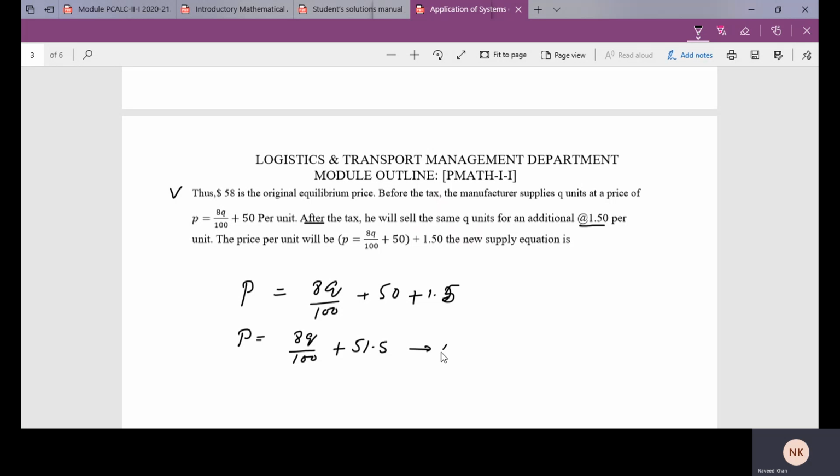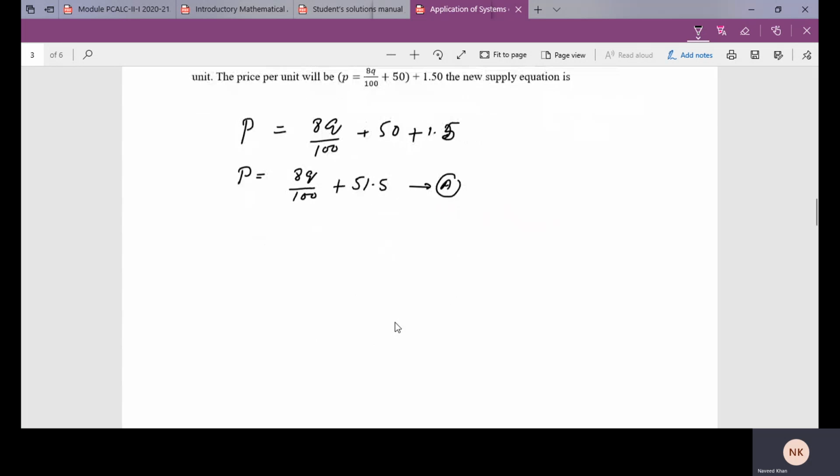Now again, my dear student, to find out the equilibrium price after imposing the tax, the supply equation and the demand equation will be equal. So it will become 8Q by 100 plus 51.5 is equal to the demand equation, 7 by 100 Q plus 65.